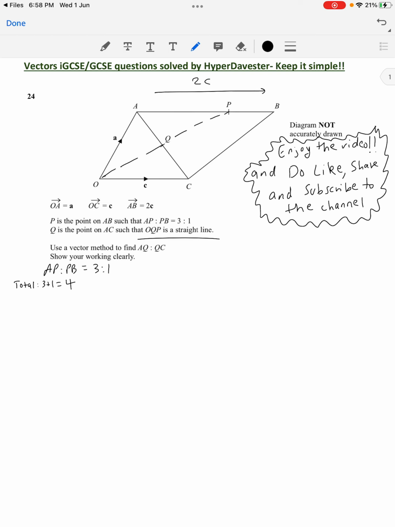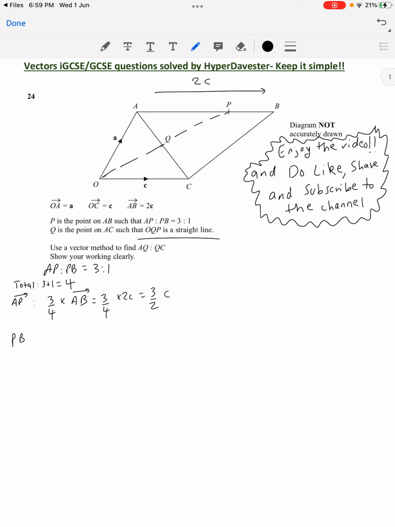Now in order to find AP and PB individually, AP in vector form is 3/4 of AB, which is 3/4 of 2C, and that will make it 3/2 C. So AP is 3/2 C.